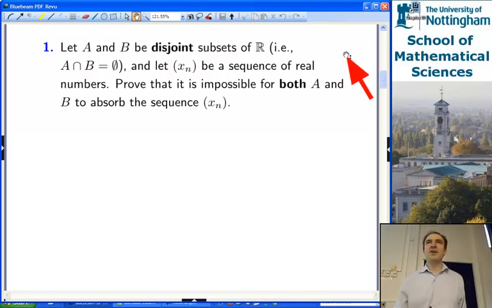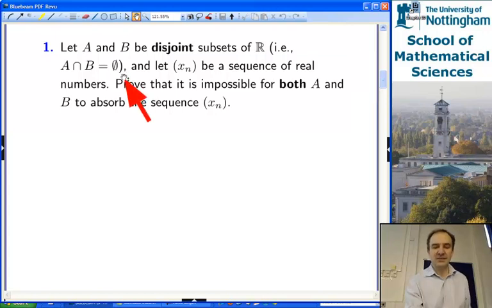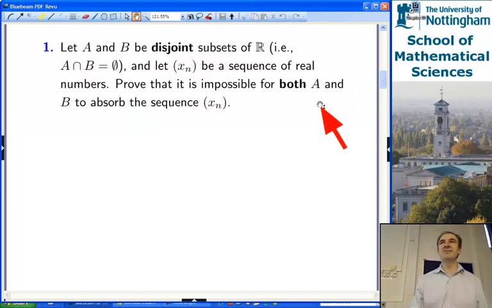So remember our notion of absorption for sequences, and I just want you to write down a quick and easy proof using the definition of absorption that if you've got a pair of disjoint sets in R, so their intersection is empty, and you take some sequence of real numbers, they can't both absorb the same sequence.